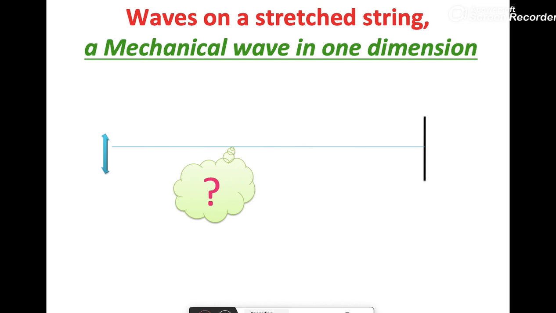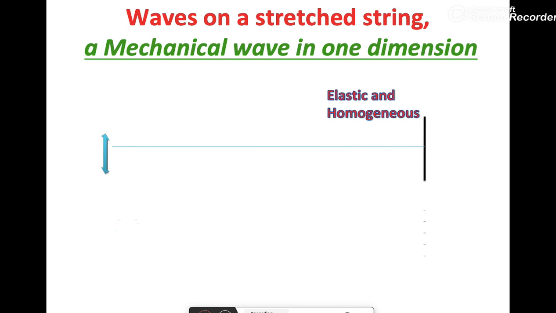What happens as time passes? As time passes, for an elastic and homogeneous string, the disturbance moves with constant speed to cover equal distances in equal time towards the right.